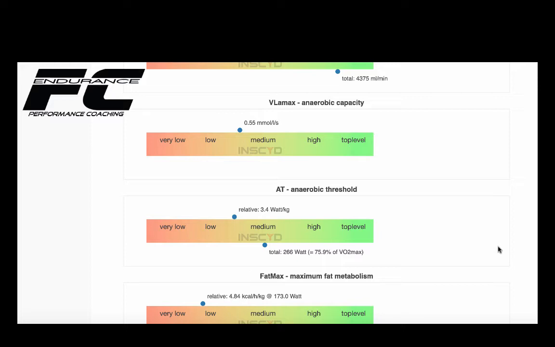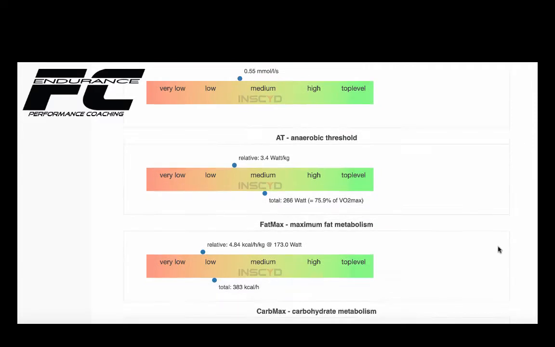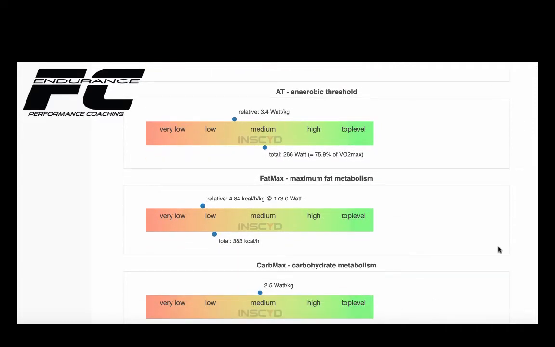And if we look down below, our next one is fat max. This is the highest fat oxidation rate. Simplified, it's the maximum amount of energy in kilocalories from fat combustion per hour. In endurance events like an Ironman, a high fat max is ideal for endurance performance.